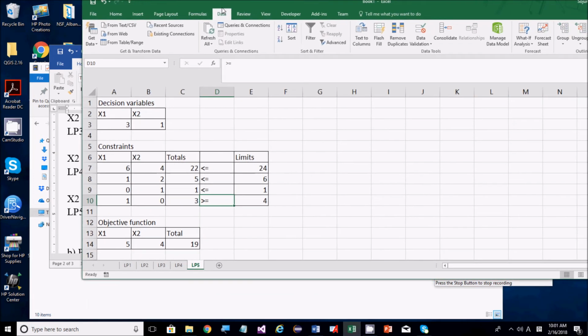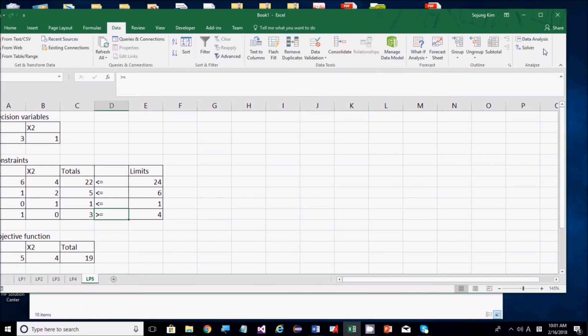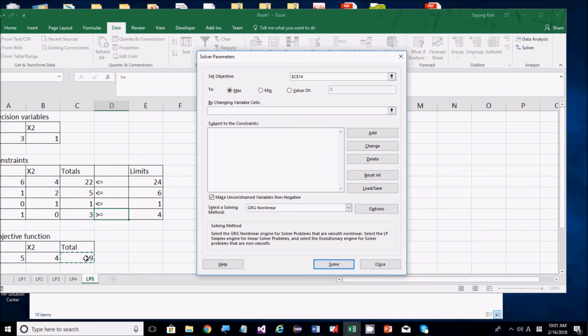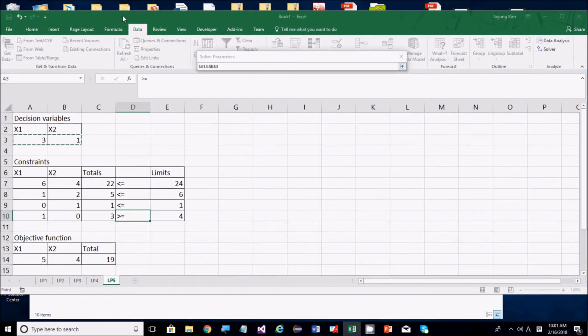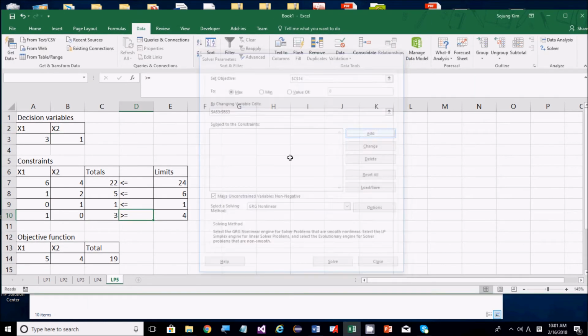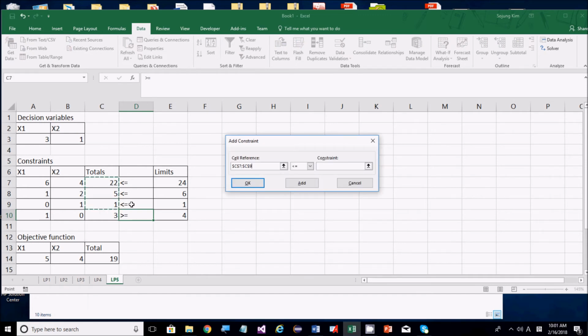So in the solver we have to update it, right? We want to maximize this objective function by changing the values of the two decision variables and add the constraints. You should check the sign of these four inequalities. The first three should be less than or equal to their right hand side, and this one is greater than or equal to 4.